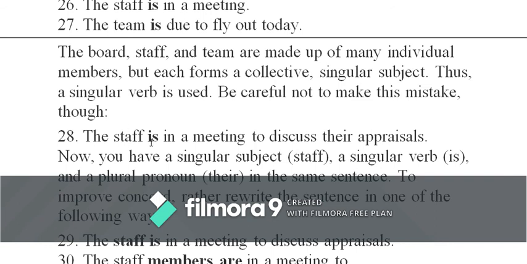The staff is in a meeting to discuss their. That means there are many people. Now this seems to give some kind of conflict. This kind of construction should be avoided. Now we have a singular subject staff, the singular verb is, but the plural their in the same sentence, which is causing some kind of conflict.